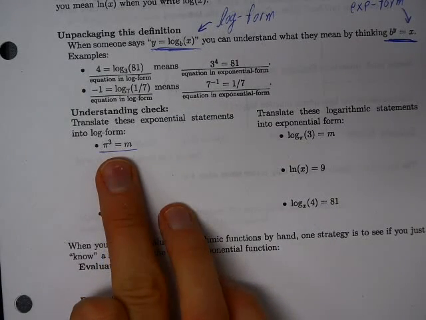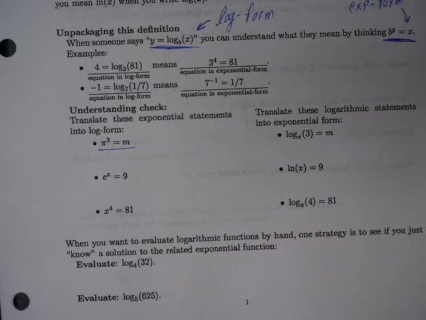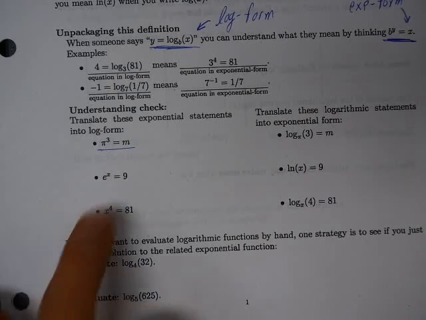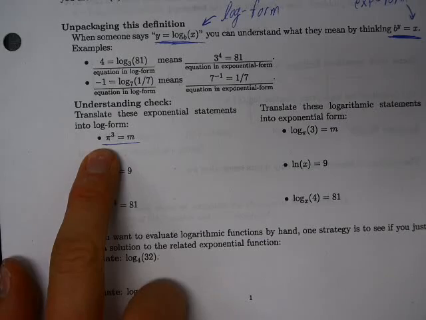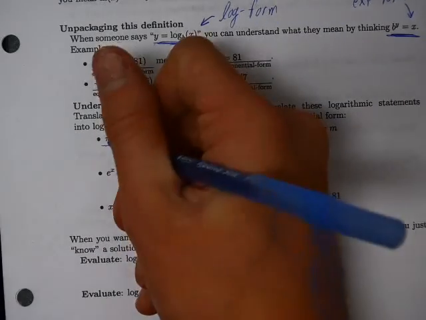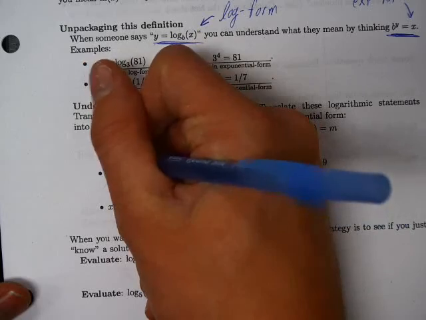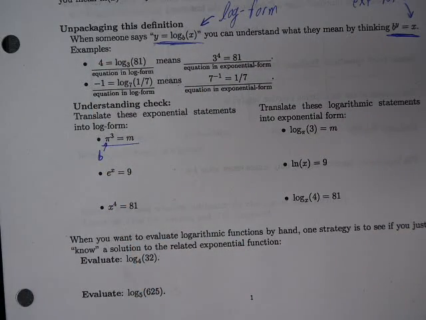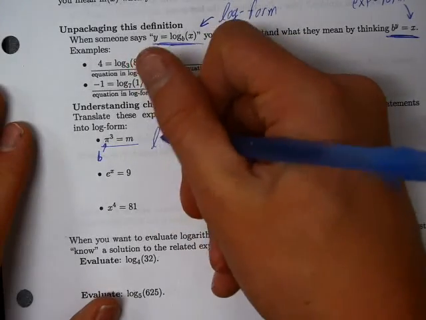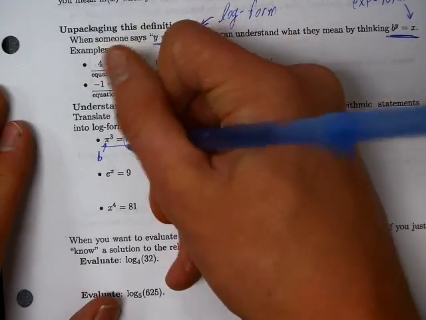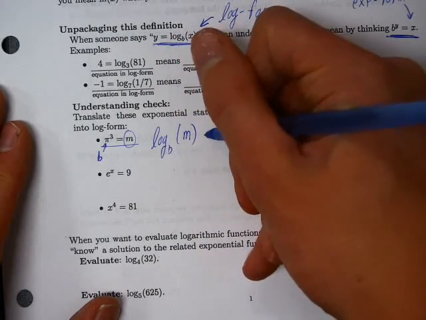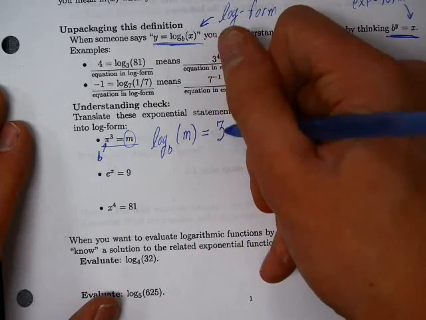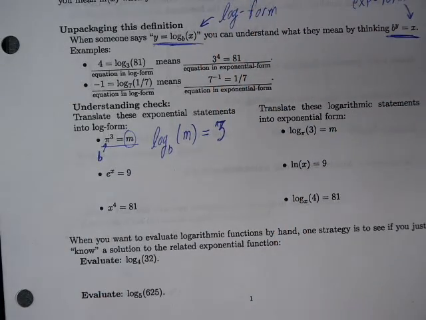Pi cubed is equal to m is in exponential form. Let's try to match up the symbols. What's the base of the exponent you see in that thing? I see pi to the third power. So that pi has the job of b. That means I should be able to rewrite this in log form by saying the log base pi of m is equal to 3. That makes sense?